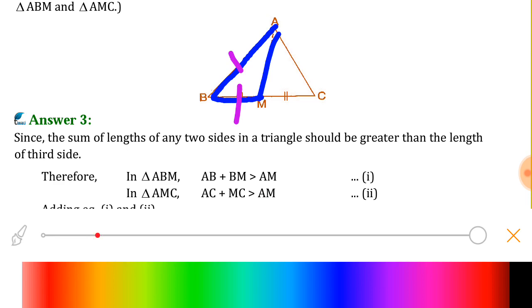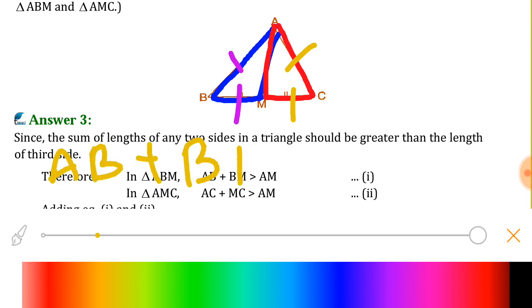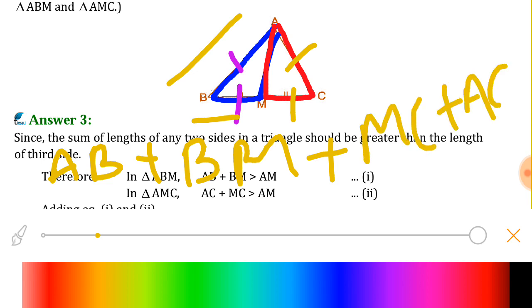Then for this triangle, AC plus MC is greater than AM. So add all. What does it become? AB plus BM plus MC plus AC is greater than AM plus AM.